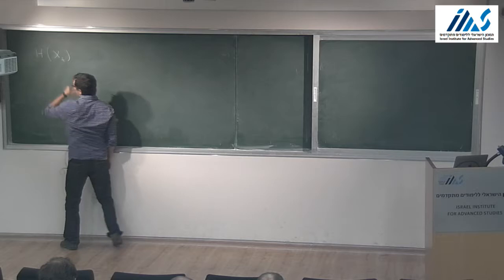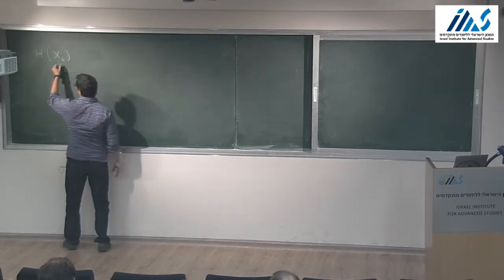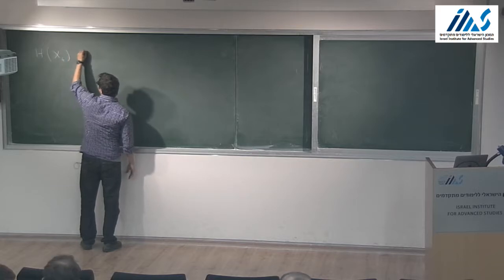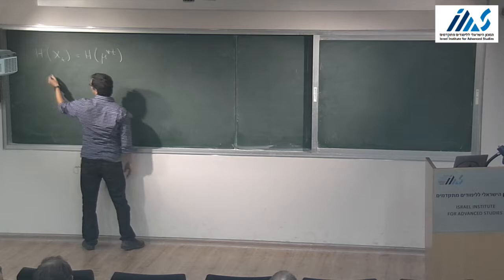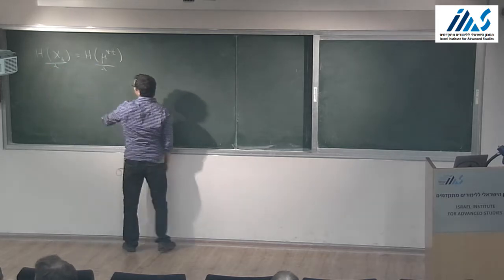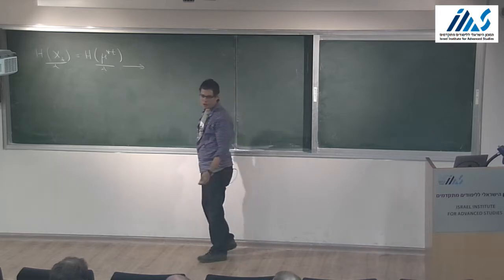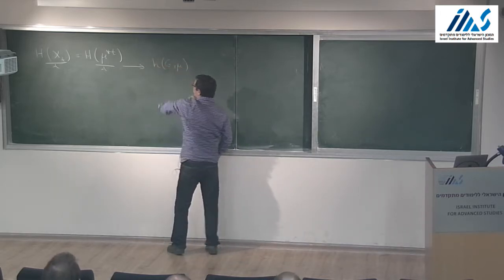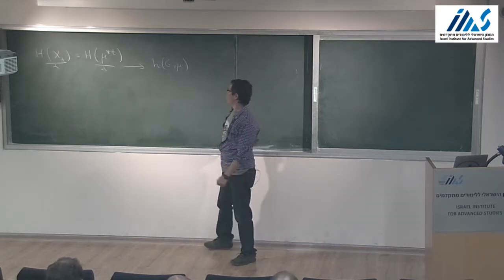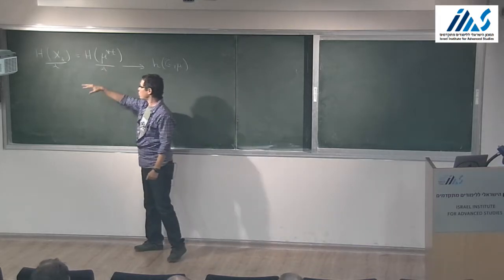I'm going to look at the Shannon entropy of this distribution. This is the same thing as looking at the Shannon entropy of the t-th convolution. I'm going to divide this by t, and I'm going to take a limit. And this limit I'm going to just call h of G, mu. So this is the group, and this is the measure which is underlying this random walk.